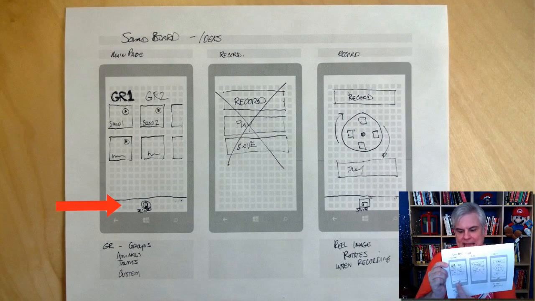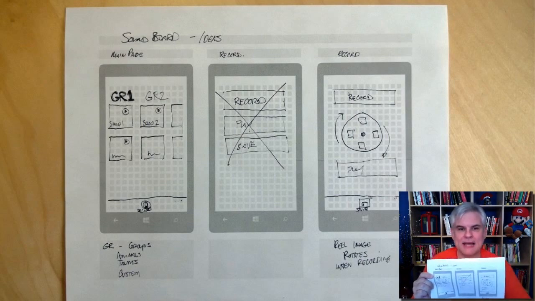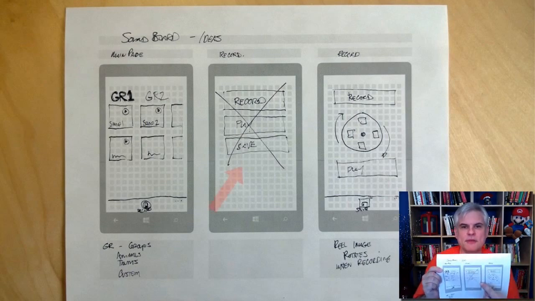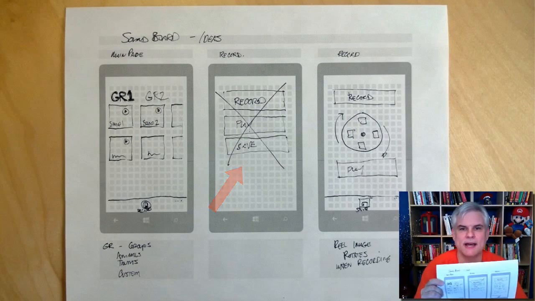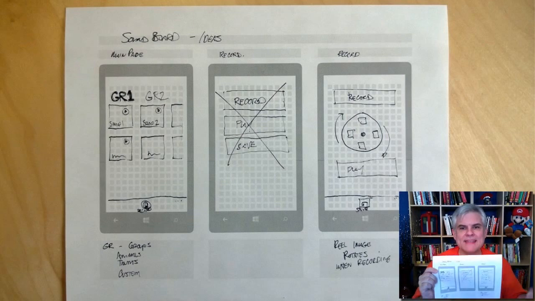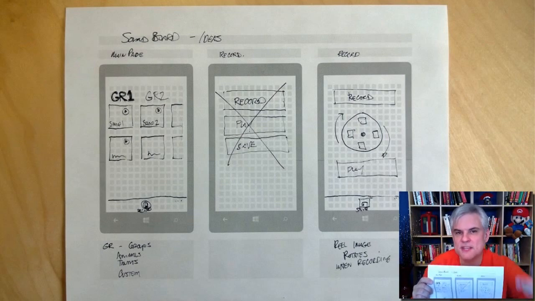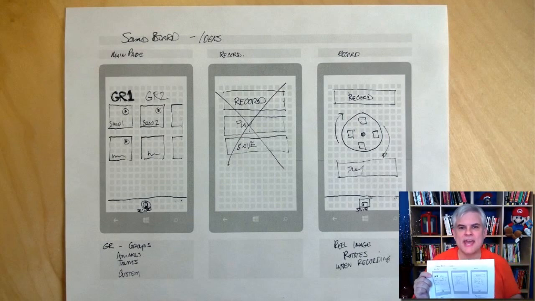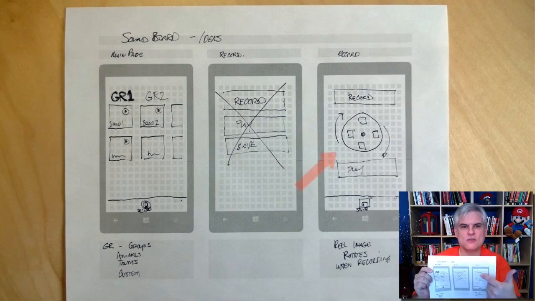I'll have an app bar at the very bottom of the main page, and tapping on the little record button will allow you to record a sound. Now, my original design was that I would have 3 buttons on the page, one to record, one to play back, and then one to save the sound that you're working on. But then we had the idea that we could provide some visual feedback to the user. And to do that, we could easily create sort of a reel-to-reel player, from way back in the 1960s, and we can animate that while recording.